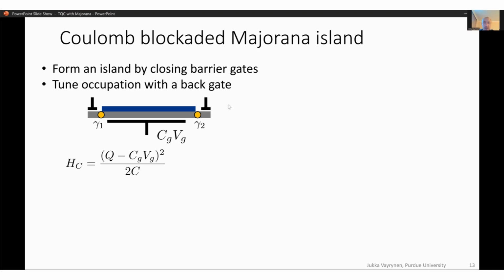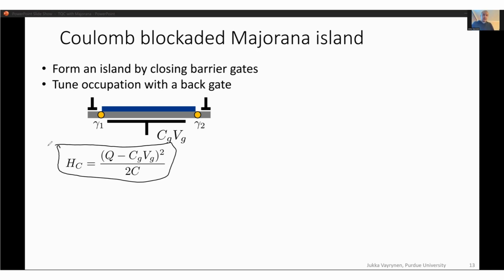Once you confine electrons by insulators, you tend to create this so-called charging energy, which is basically just a capacitive energy.